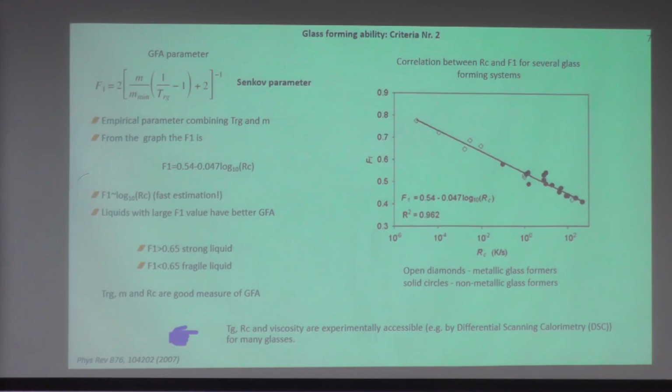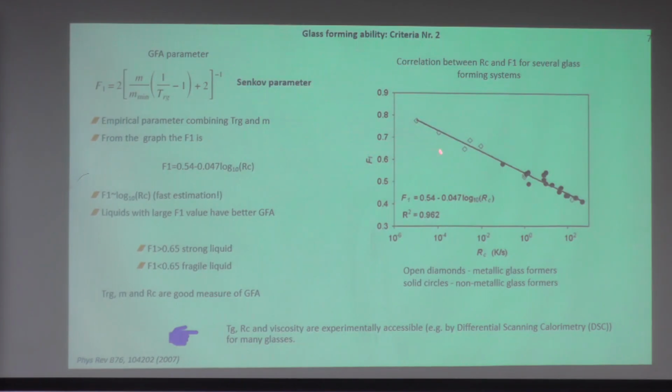Here we can also see the dependence of the parameter on the cooling rate. The open diamonds are metallic glass formers, and these are non-metallic, and these are metallic glass formers.